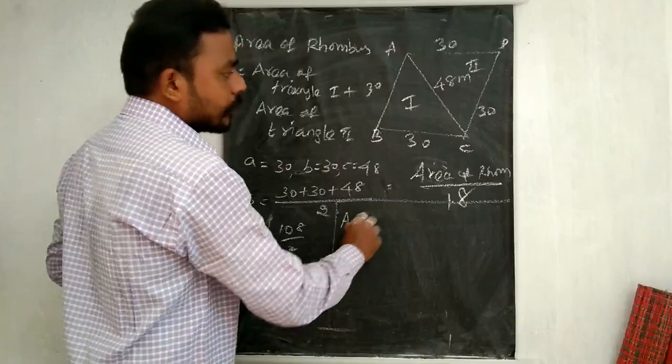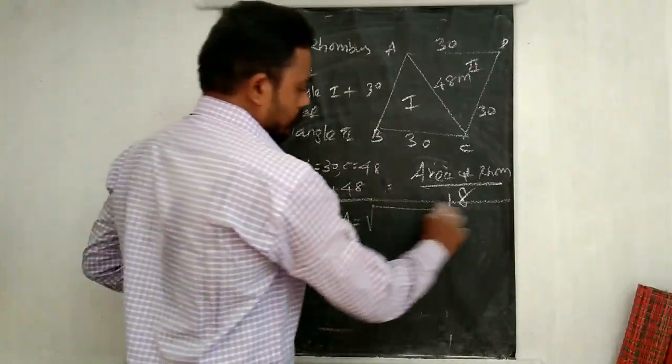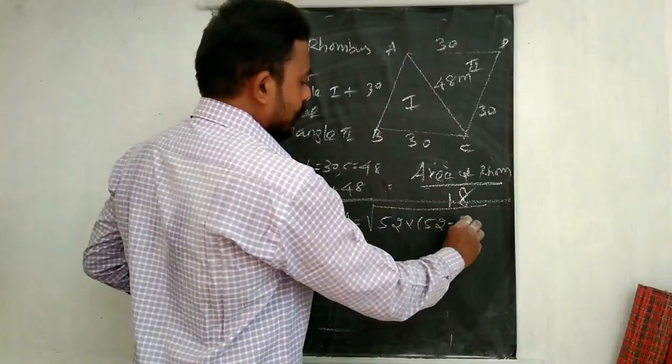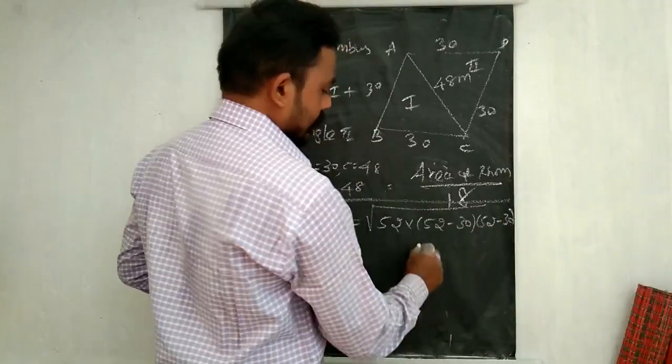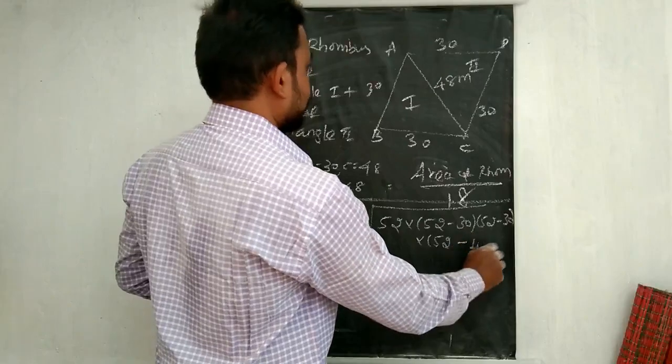Now the area of this field equals square root of 52 into 52 minus 30, 52 minus 30, into 52 minus 48.